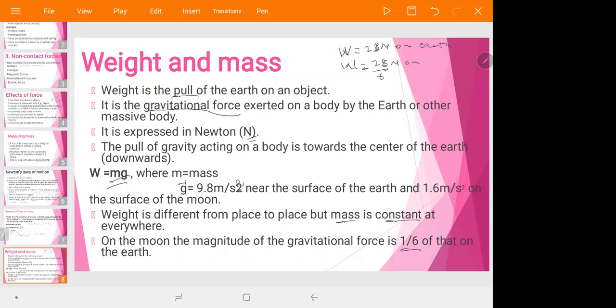This becomes 3 Newton on the moon surface. This shows weight is different from place to place, but mass is constant.